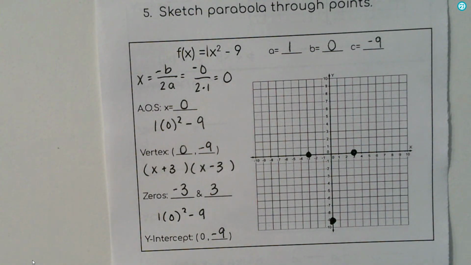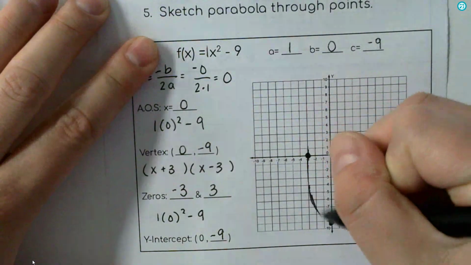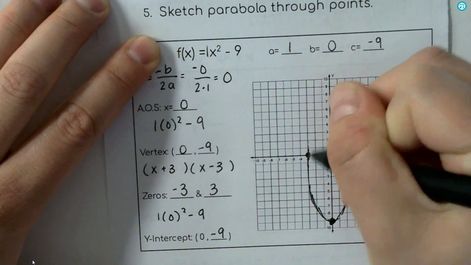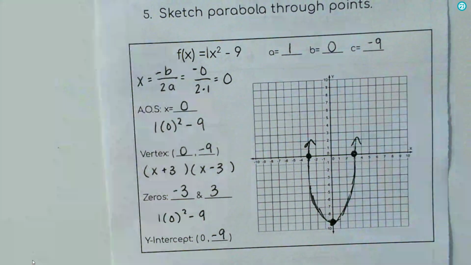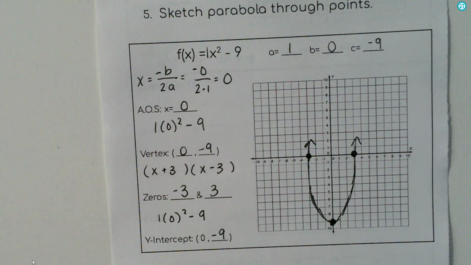So on this one, we only have 3 points, and we can go ahead and connect them, and we're done. So we are going to connect this. When you connect it, sketch it into a U shape, not a V shape. Just kind of sketch a little U around it, but don't just go a straight line. So we're just connecting the points we have.